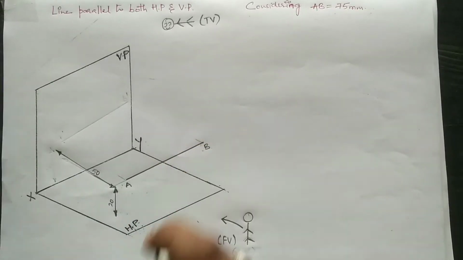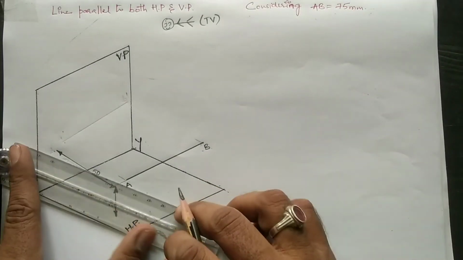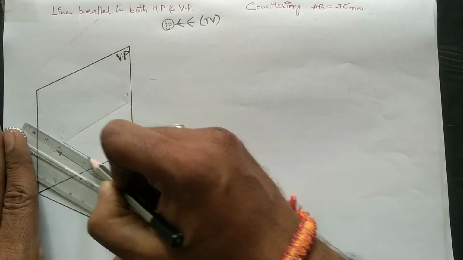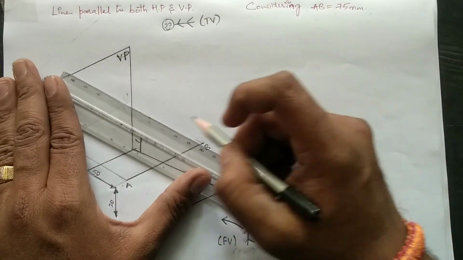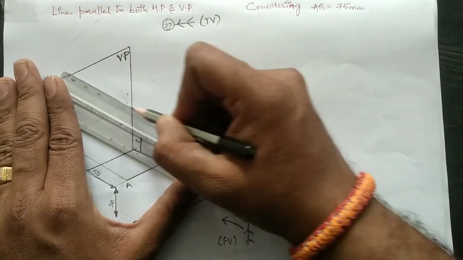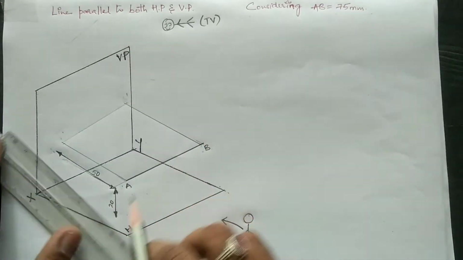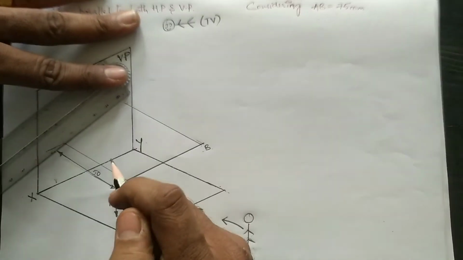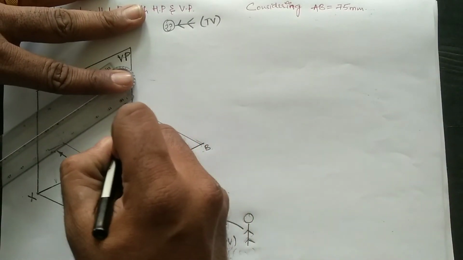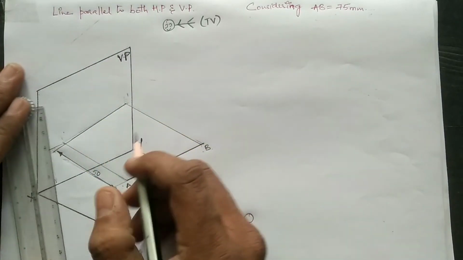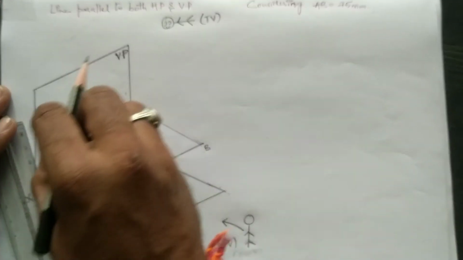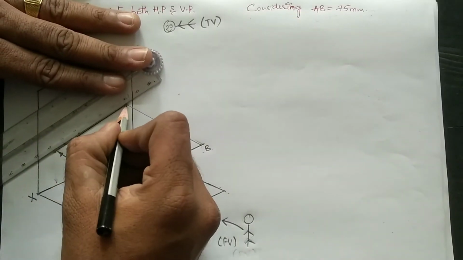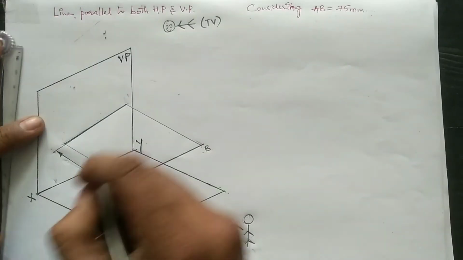When you draw the projections of the straight line here, seen from the front view, this is my point.